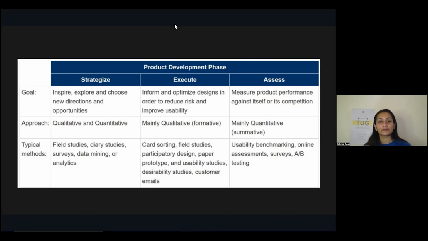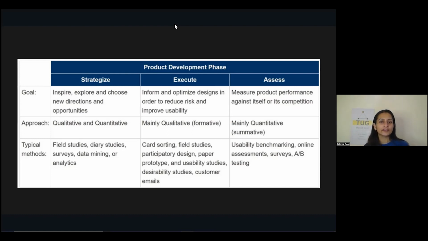With it being the first round, you want to be very careful about, again, not leading your user. You want to make sure that the interview structure has a flow to it, and you're clear about which questions you want to be open-ended, which questions you want to have a particular answer.